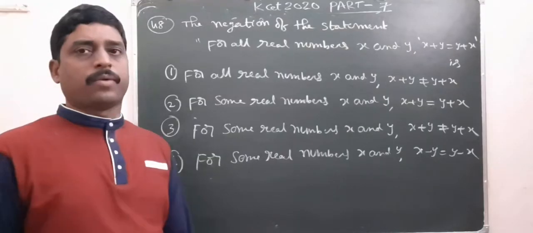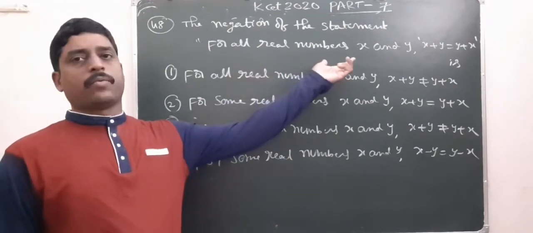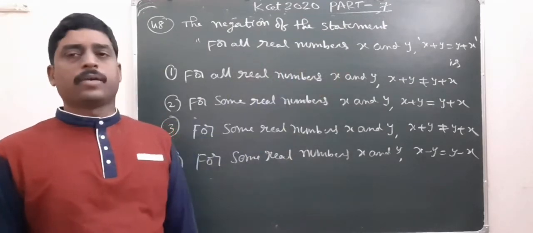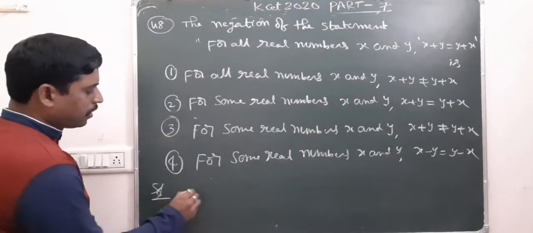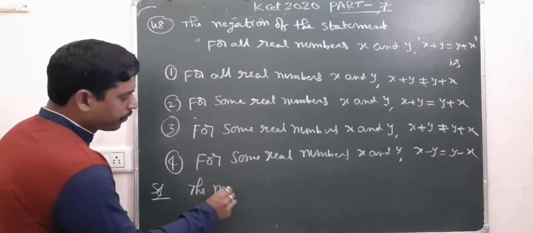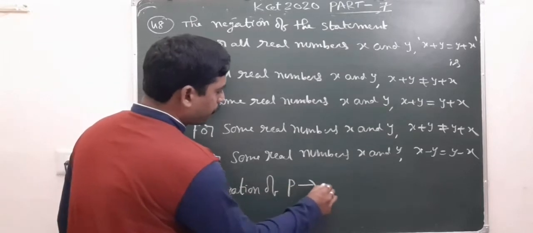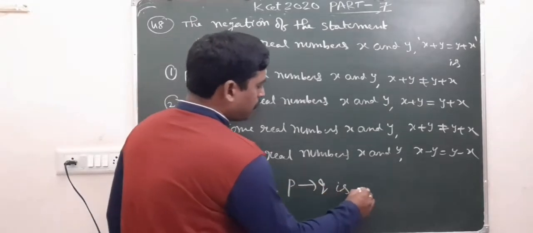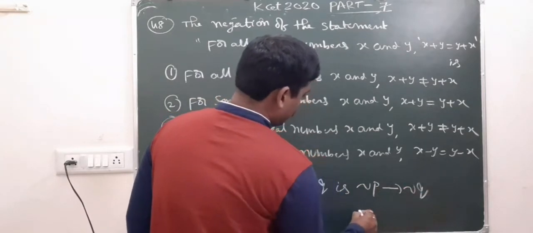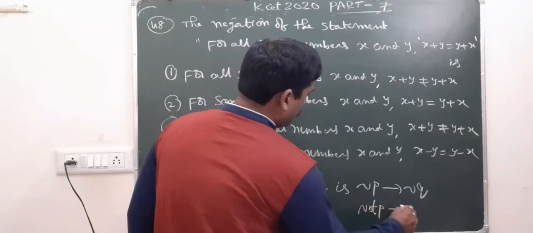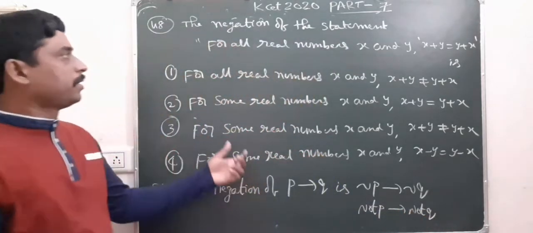So let us see question number 48. The negation of the statement: for all real numbers x and y, x plus y equal to y plus x. So we have one formula. The negation of P implies Q is P and negation Q. What is the P statement?